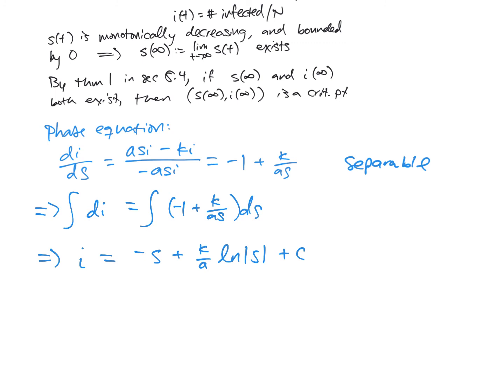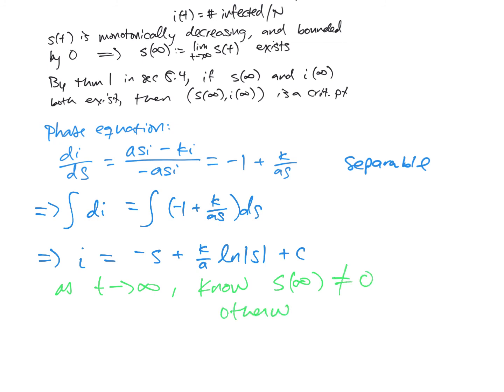So now let's think about our behavior at infinity again. As t goes to infinity, we know that there's a limit on S, but we can see from this that S of infinity can't be 0.